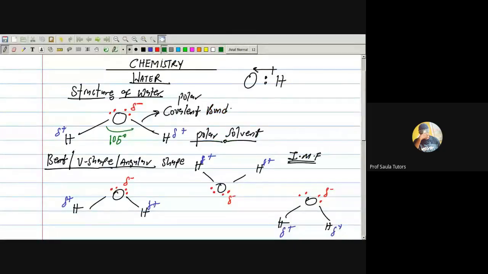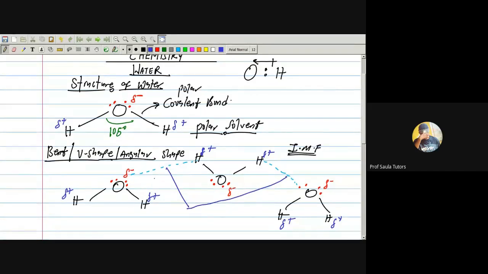It means that there will be an attraction between oxygen and hydrogen in each of them and so on like that. This intermolecular force that you are seeing here, in chemistry we refer to it as hydrogen bond.